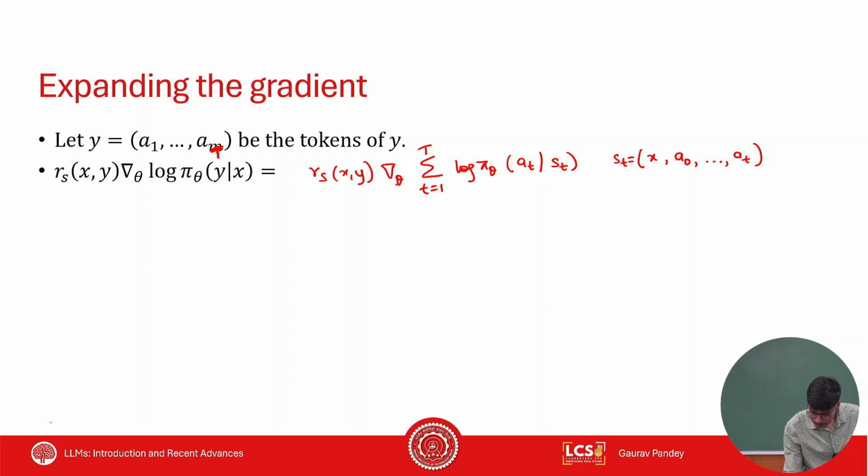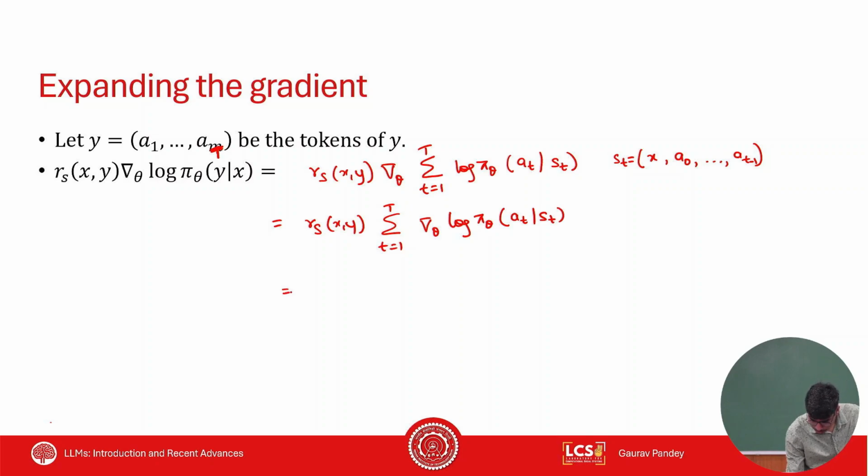And now I can take the summation outside the gradient. So this becomes summation t equal to 1 to T of gradient with respect to theta of log of pi theta of a_t given s_t.